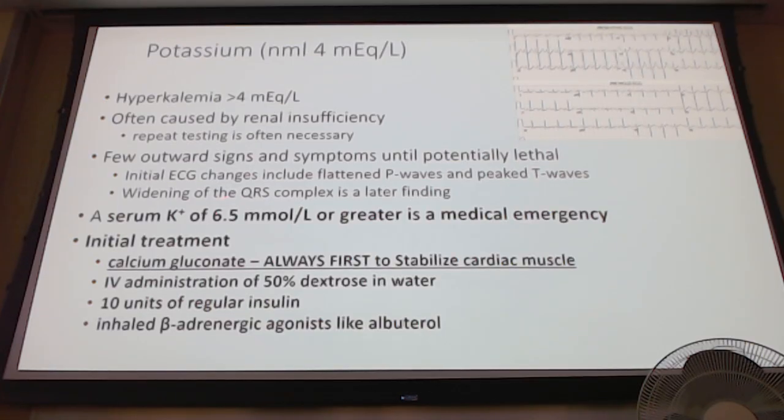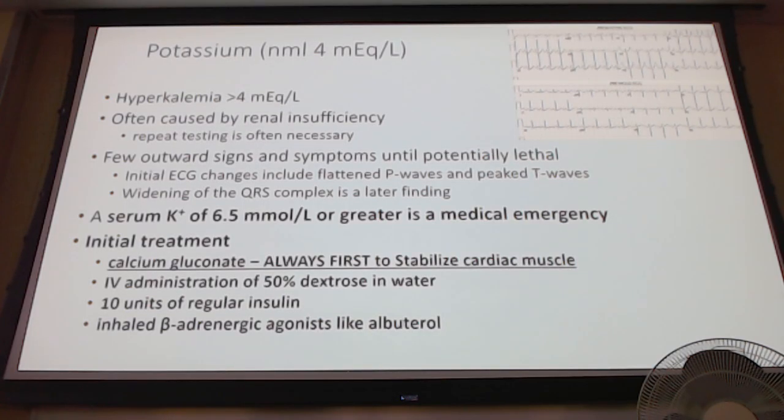If they are 6.5 or symptomatic, so if they're 5 and symptomatic, 4.5 and symptomatic, we will do initial treatment. The first, always first, is calcium gluconate. Anytime we are medication treating hyperkalemia, you have to do calcium gluconate first.